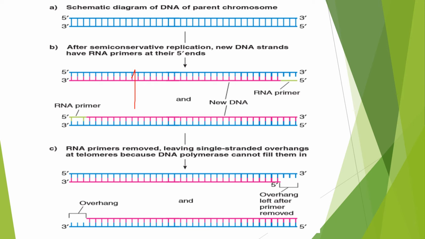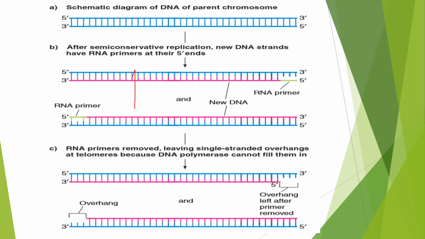So what happens? The gaps are left as they are, but if we leave these gaps and if we combine them, after every round of replication, some of the information will be lost because, for example, here three nucleotides are not generated in the daughter strand, right?